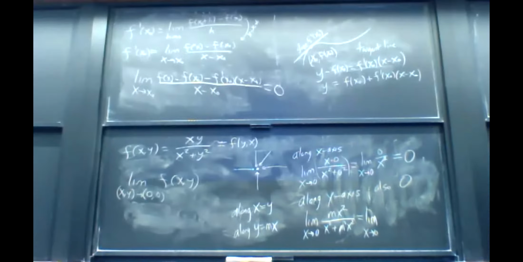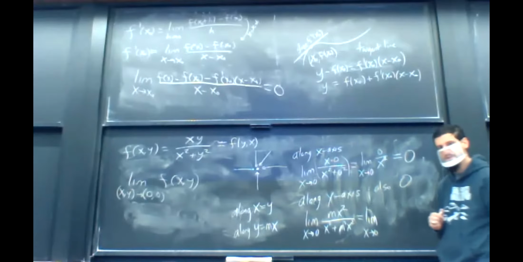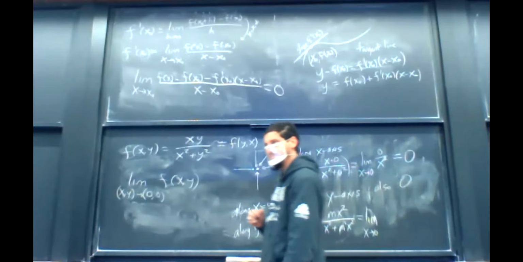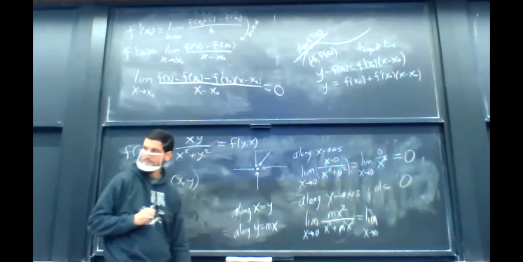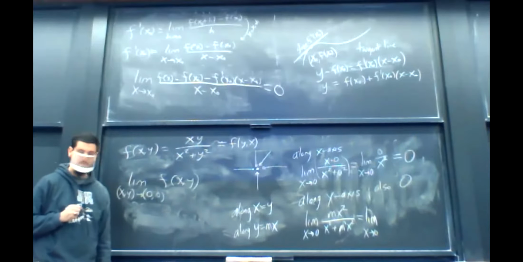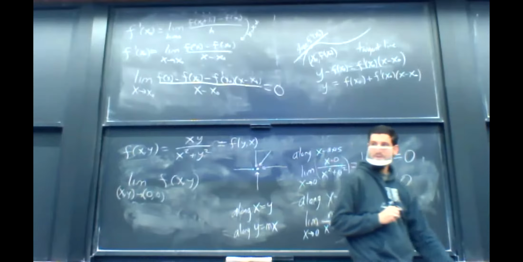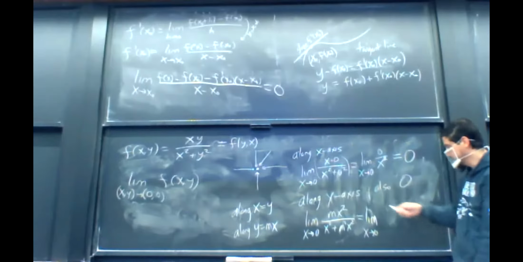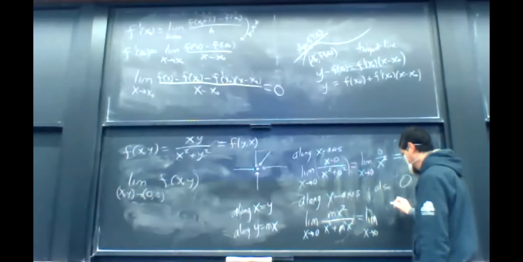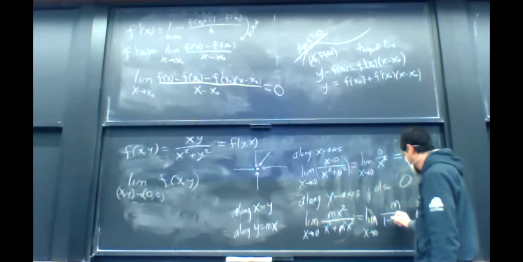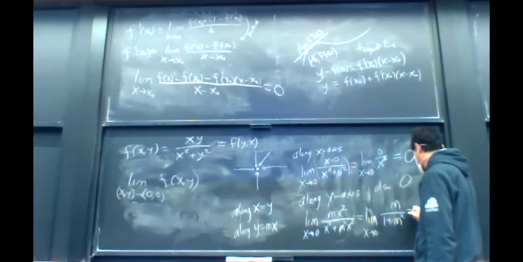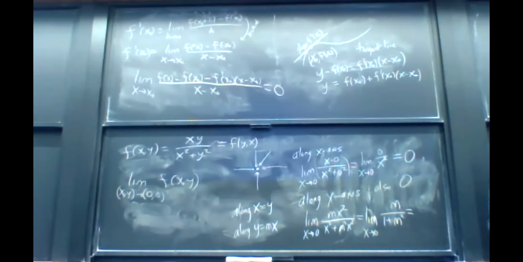What do we get? What do the numerator and denominator both have in common? They both have an x squared, so we can cancel the x squared, and this is going to be m over 1 plus m squared. This is a particularly nice limit to do. Is there any x dependence?